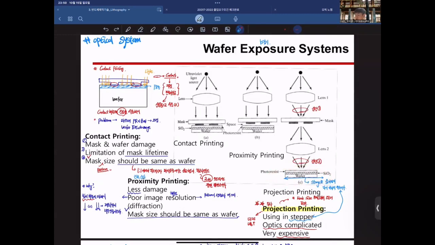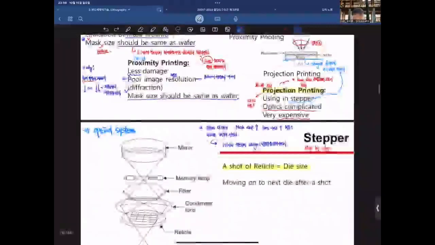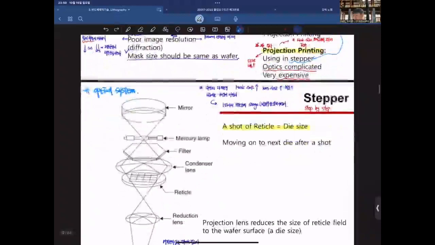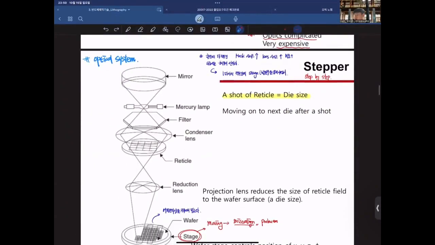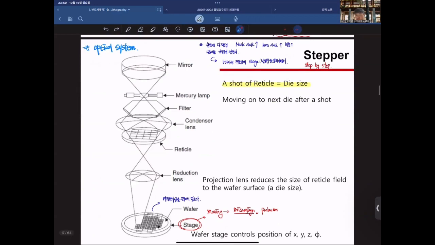We have to use one exposure to make one die. So we can move this stage, and we can make many more dies. So we should have these steps, the stepper. Stepper is the moving stage equipment.